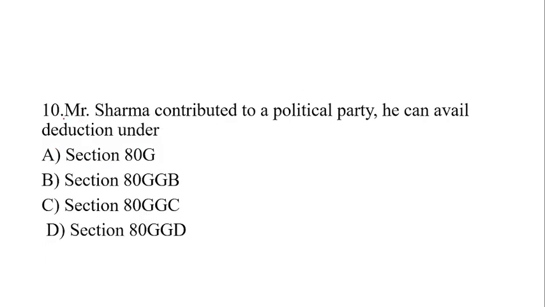The next question: Mr. Sharma contributed to a political party. He can avail a deduction under which section? Here Mr. Sharma is an individual person, and he contributed to a political party.